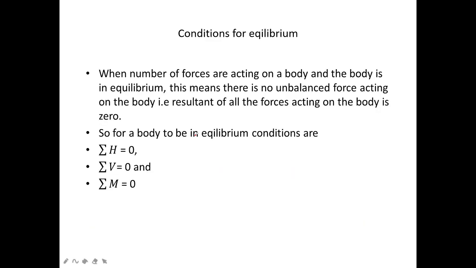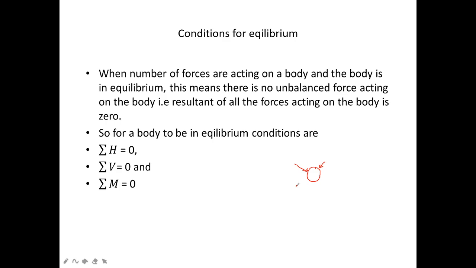Now, conditions of equilibrium. When a number of forces are acting on a body and the body is in equilibrium, this means there is no unbalanced force acting on the body. That is, the resultant of all the forces acting on the body is zero. Suppose you have a body, and in this body, a number of forces are acting.